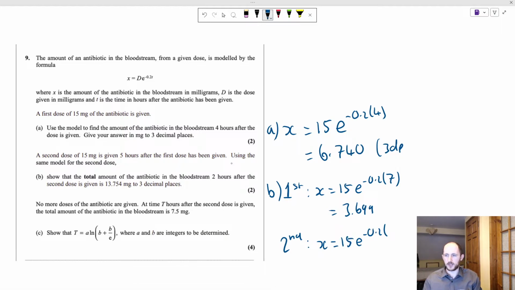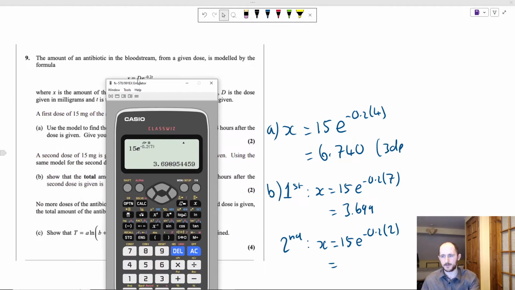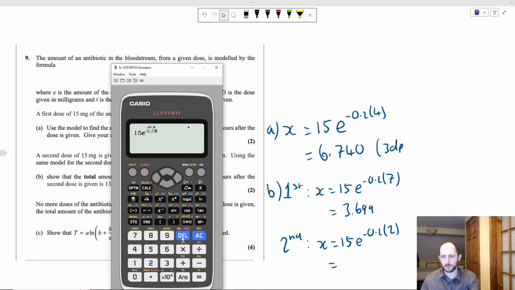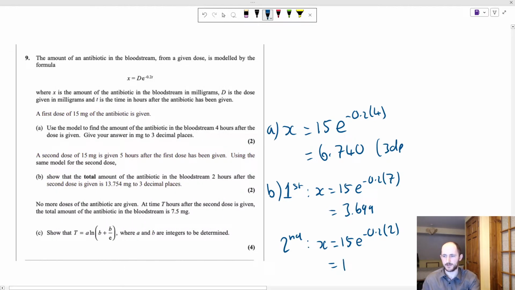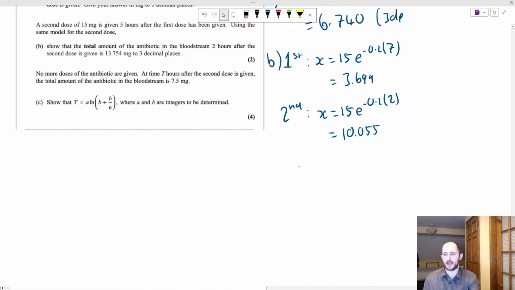I realised I probably shouldn't have rounded just yet, but oops, mistakes happen. Probably should have kept it a bit more exact. 10.055. So in total, you would add them together, which gives you approximately 13.754.